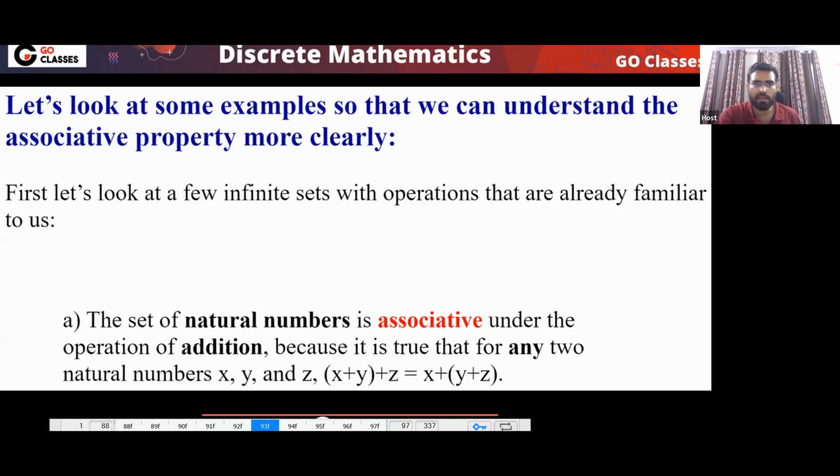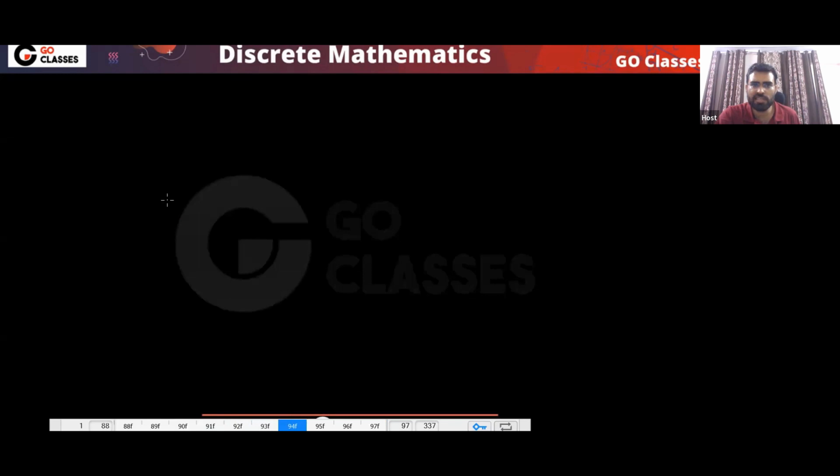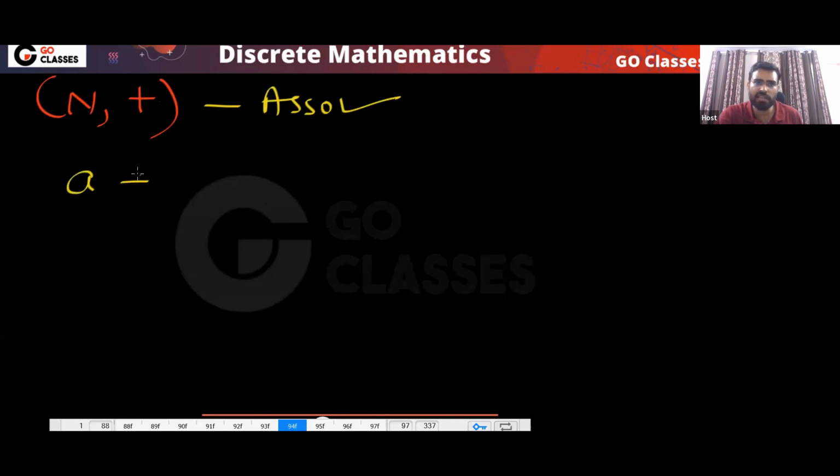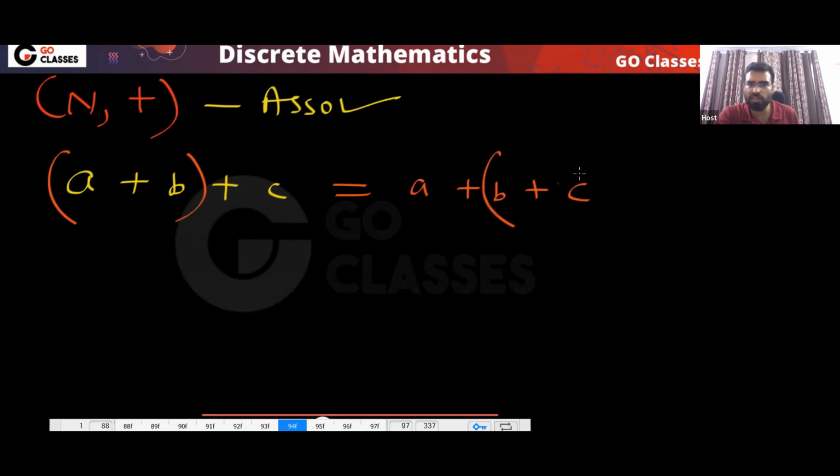Now tell me, can I say the set of natural numbers is associative under addition? This will satisfy associative property, right? Yes, this is associative, because we already know that for A plus B plus C, whether you do this first addition first or this second addition first, the answer will be the same for all A, B, C, whatever three you take.